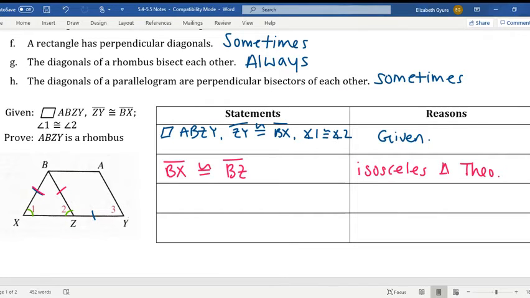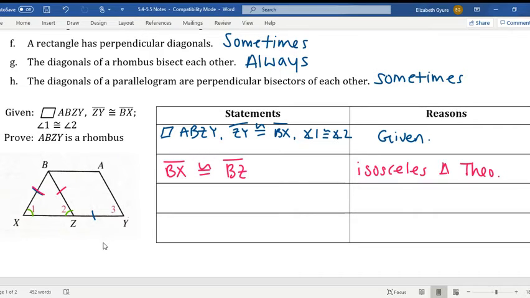Before I write that down, though, why is that going to be helpful? It's important for you to visualize your proof before you write it all down. Why is saying that BZ is congruent to ZY helpful? Why does that almost get us to exactly where we need to be?